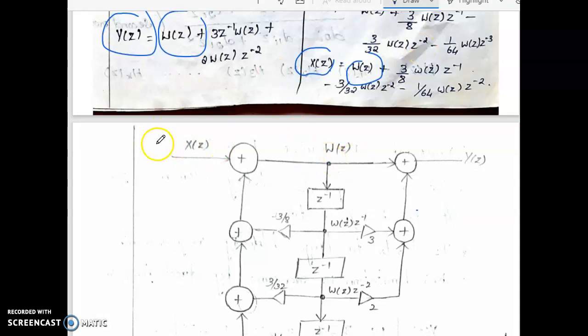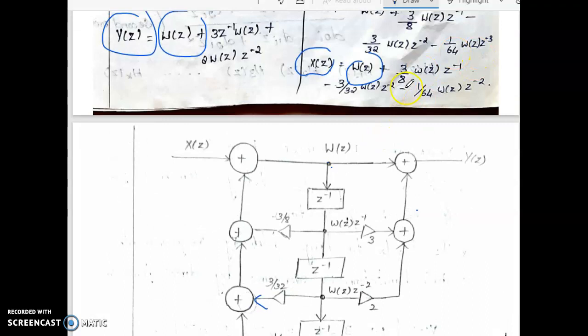So now I am going to draw the input side. W(z) is the center point, added with the delay element and scalar unit 3/8, W(z) times z^-1. So this function has that value. And the next point, minus 3/32 W(z)z^-2. It passes through two delay elements, so this function has z^-2 W(z) times 3/32.